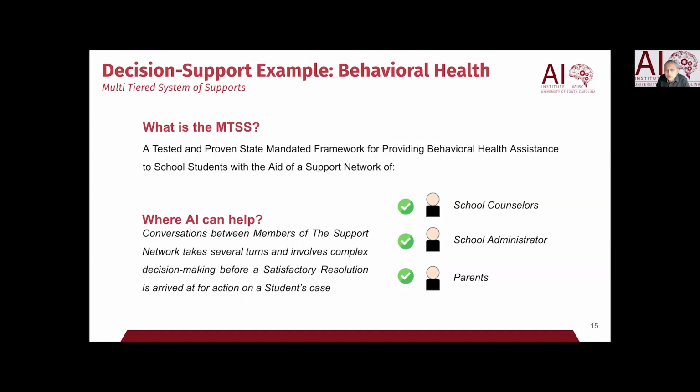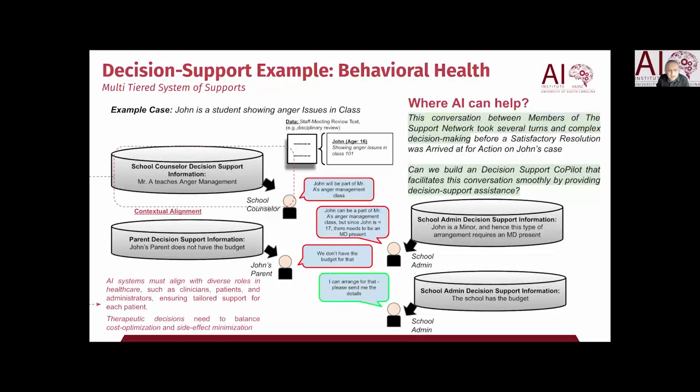Each of them is doing different tasks, and a particular user needs to have contextual alignment with the AI, or the AI system needs to have alignment with a particular class of user. I show that in the top left. So it should be aligned with diverse roles, and I showed some of them here.